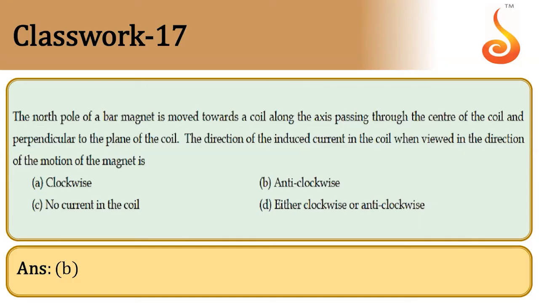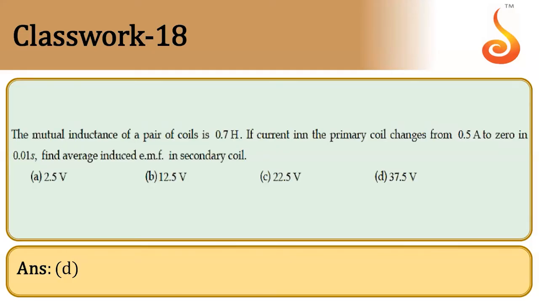Next, the mutual inductance of a pair of coils is 0.7 Henry. If the current in the primary coil changes from 0.5 ampere to 0 in 0.01 second, find the average induced EMF in the secondary coil. So average induced EMF is equal to M into di by dt, magnitude.